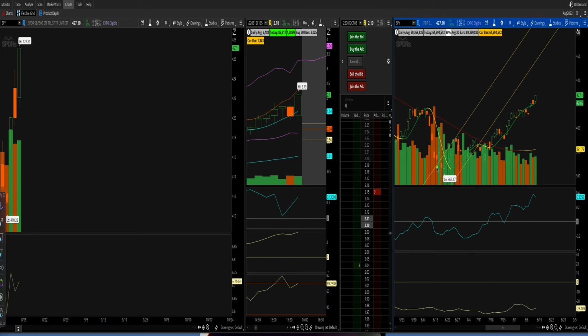You can see this channel right here is sideways action. It broke right here, it started right there, that's on the low, and then the SPY just bounced off of that low. You can draw a little line right there.